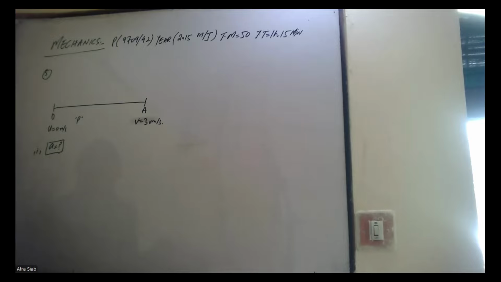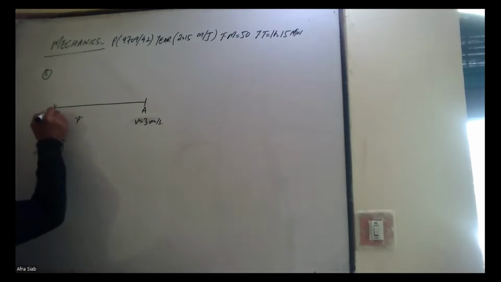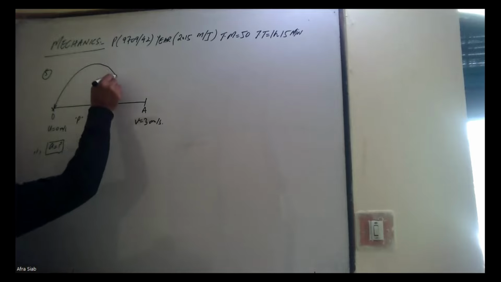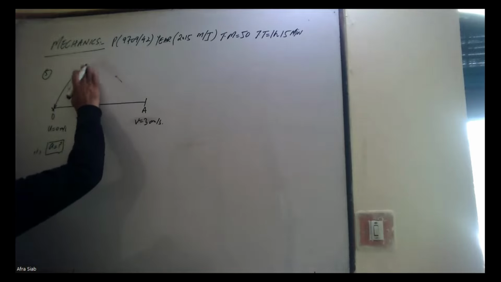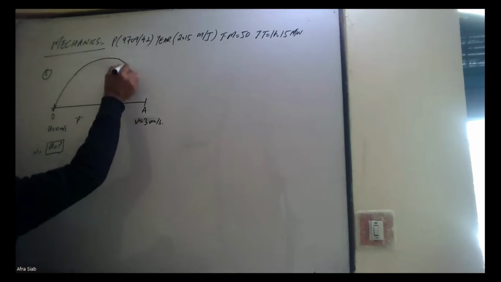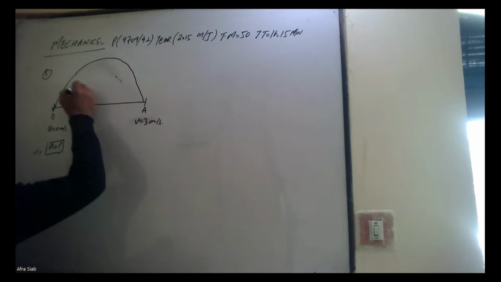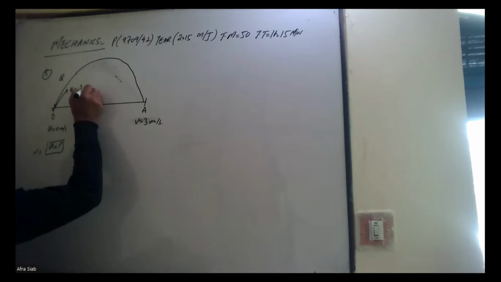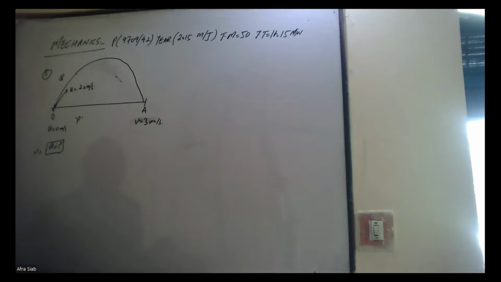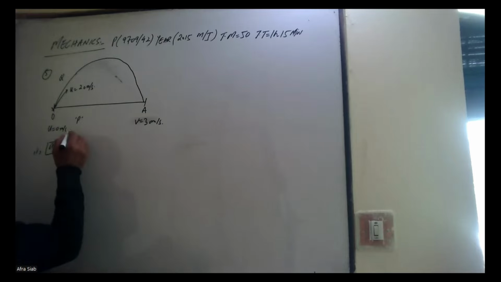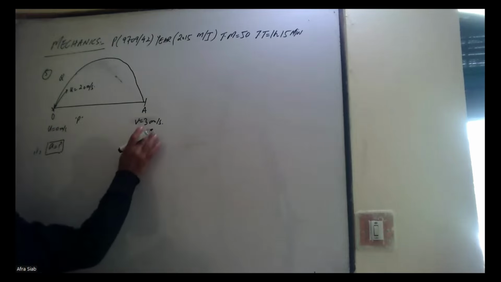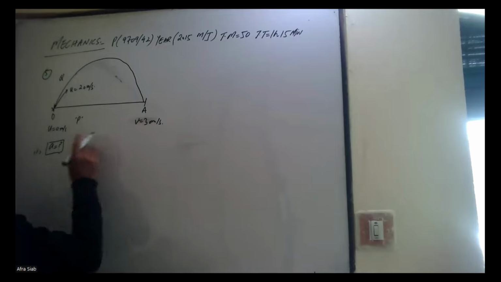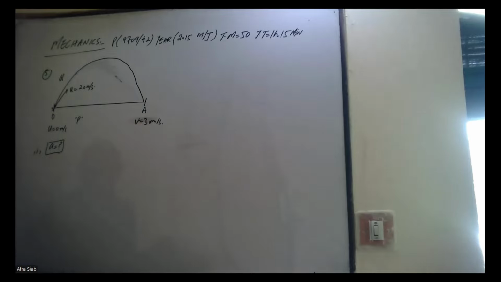But at the same time, the particle Q is going to be released from this point, moving upward, and it is going to reach the point A. So this is the particle Q, which is moving upward with a speed of 20 meters per second. This is the information given to us: u is 0, v is 30 meters per second, and the other particle Q is projected from this point.